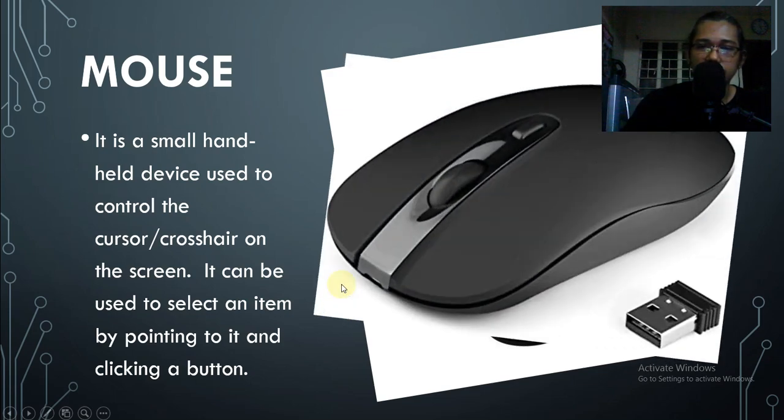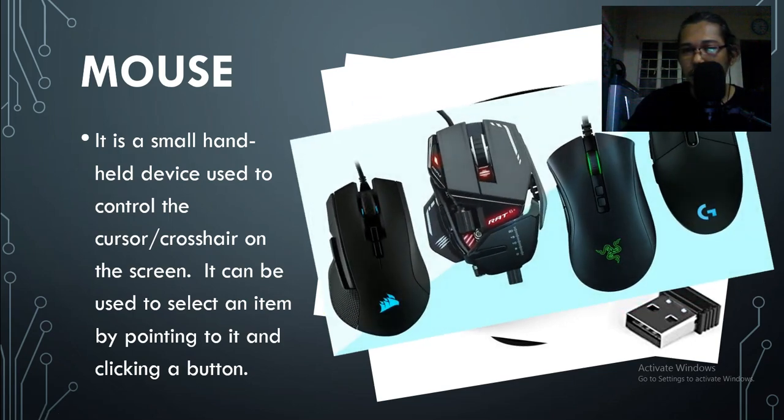Okay, this is another version of the mouse. It is a wireless mouse using either Bluetooth or what we call infrared. This is the gamer mouse, which is much higher definition.